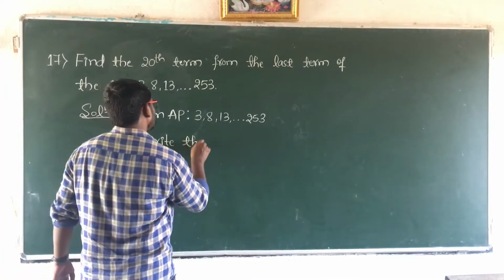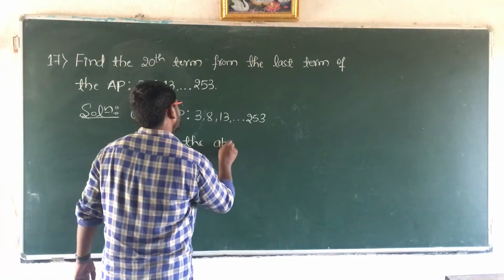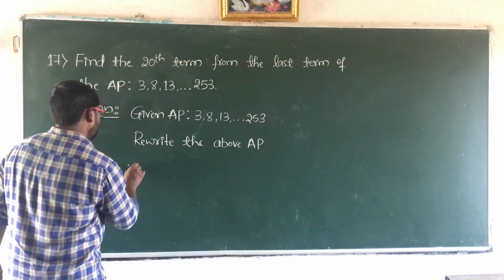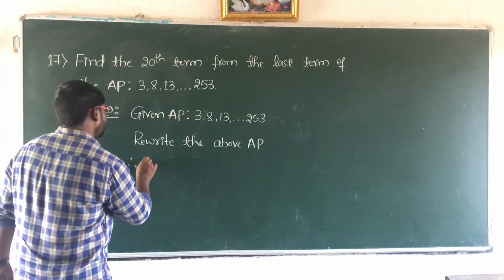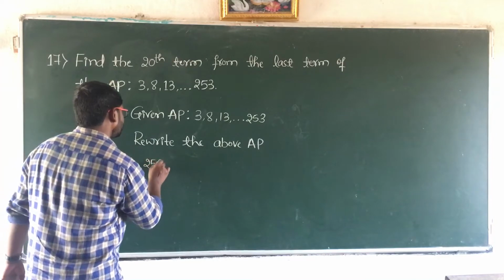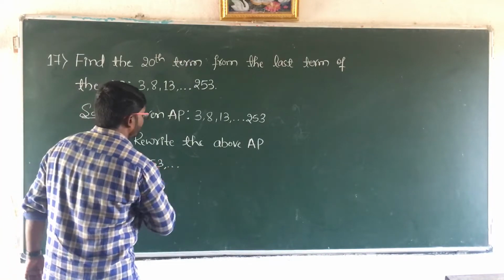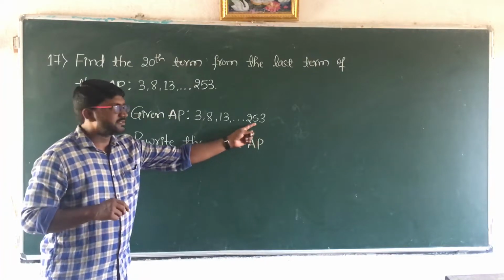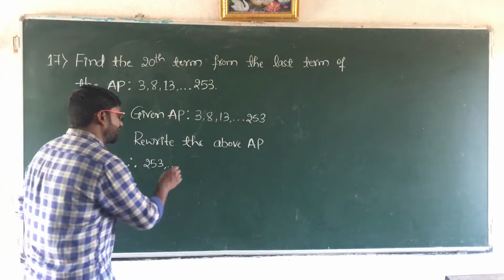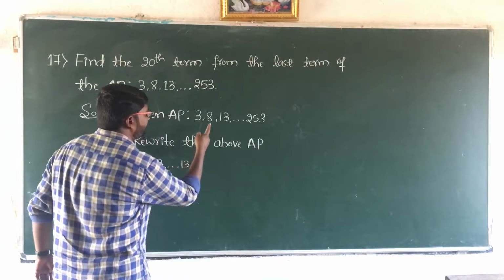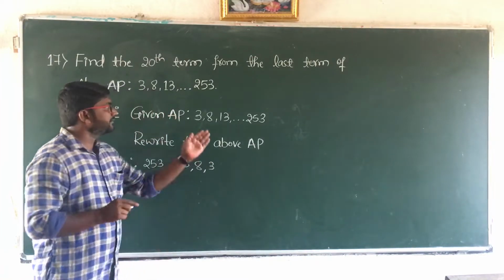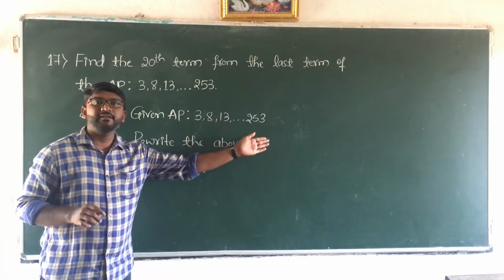Rewrite the above AP. Therefore, 253 and so on. After 253, the term that comes now is 13. So I have to start with 13 here, then 8 and then 3. So we have rewritten the given arithmetic progression.